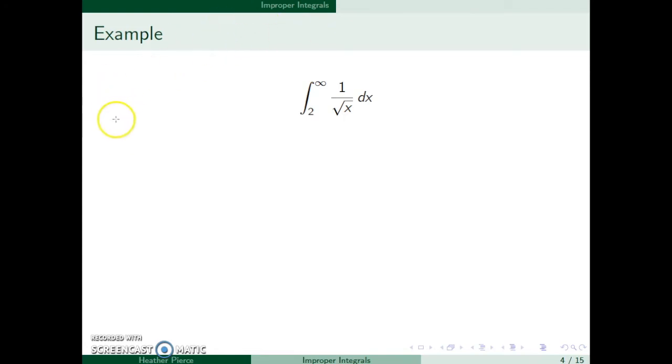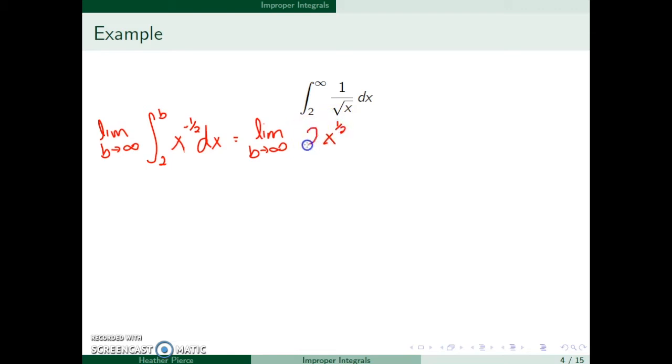So this would be the limit as b approaches infinity, the integral from 2 to b of x to the negative 1/2 dx. So this is the limit as b goes to infinity of, we would add 1 to the exponent and then divide by that number.